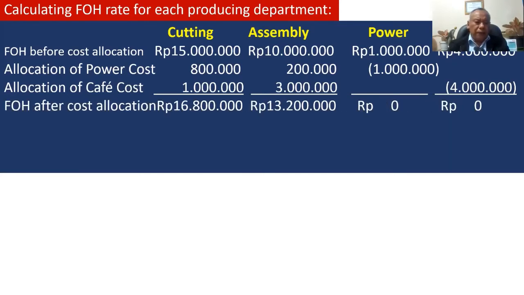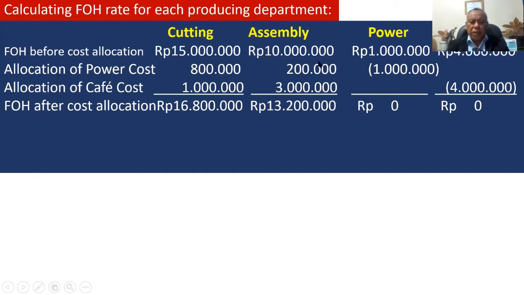And then we find the factory overhead costs after service department cost allocation. So for cutting now, 16,800,000. So actually 1,800,000 coming from the allocation of service department costs. And also the assembly, we have total 13,200,000.